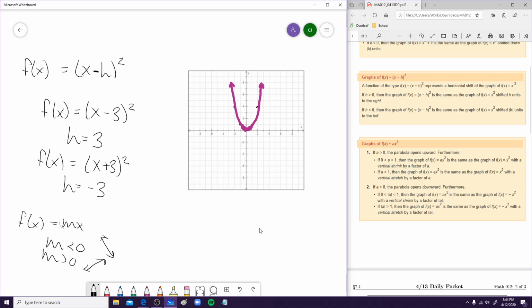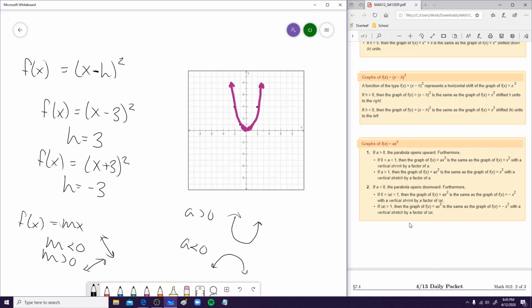Same thing for this, ax squared. If a is greater than 0, our parabola will go up like a cup. And if a is negative, it goes down like a frown. The way I remember that is when a is negative, negative Nancy, so they frown. That's just how I remember it. But this actually goes into more depth.